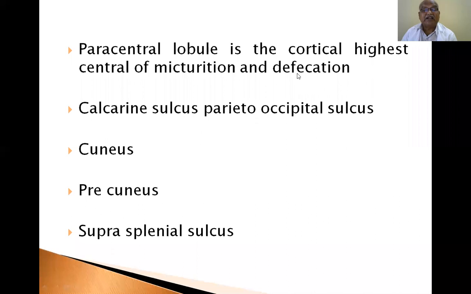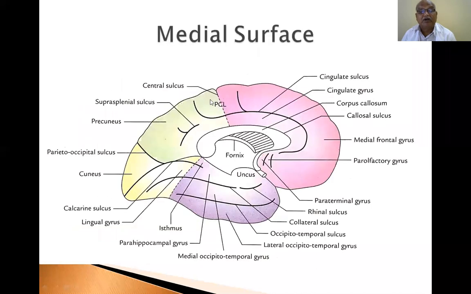The paracentral lobule is the highest cortical center for micturition and defecation, that is, urination and motion passing. This is the paracentral lobule, so this one and this one are both the highest centers of micturition and defecation.